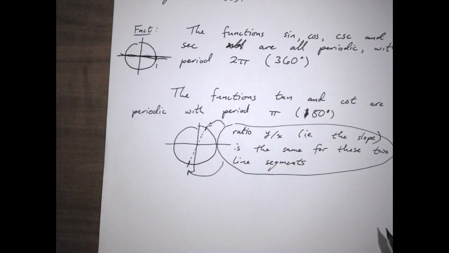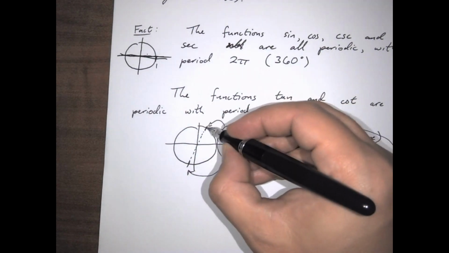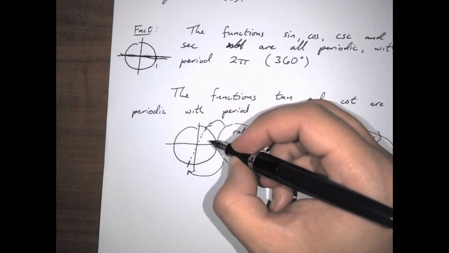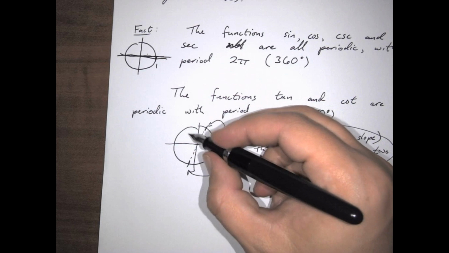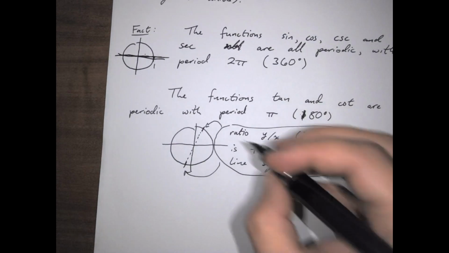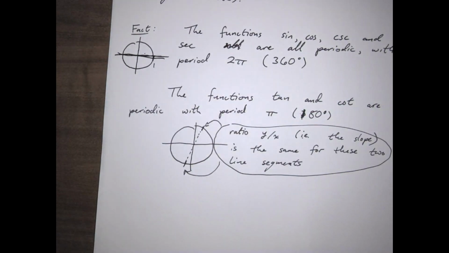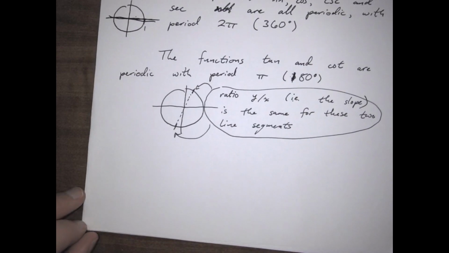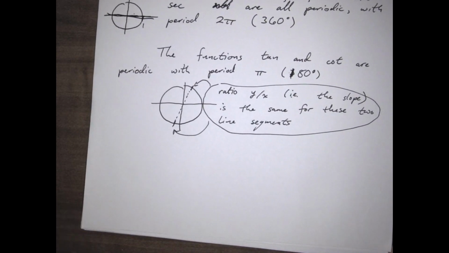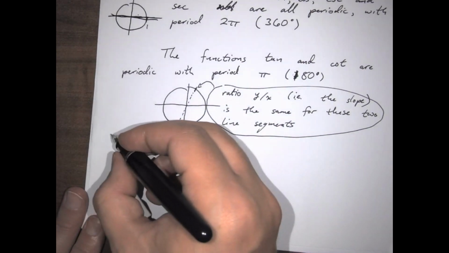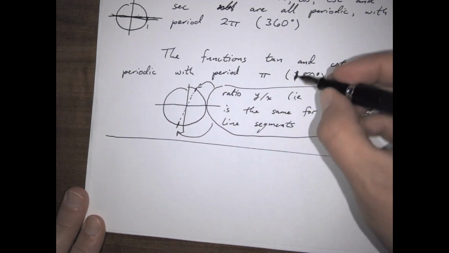Whether we're talking about the one that's in quadrant 1 or the one that's in quadrant 3, they'll be the same slope, and the same is true of points that are diametrically opposed in quadrants 2 and 4. So that means that the function values will start repeating themselves for our tangent and cotangent, not every 2 pi, but actually every half of a rotation, so every pi, or 180 degrees.